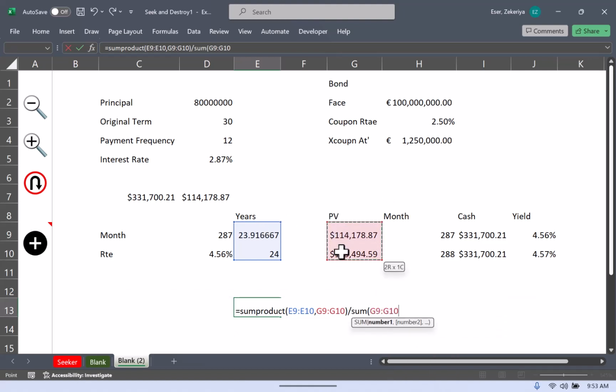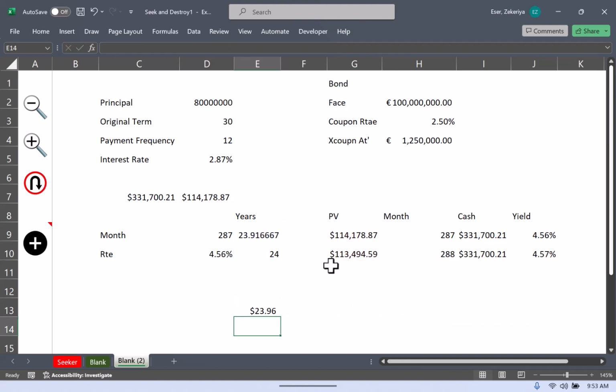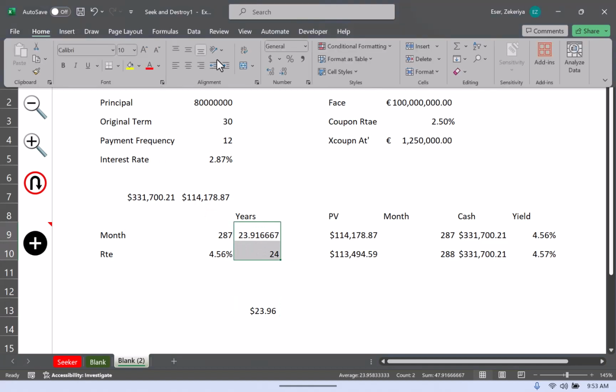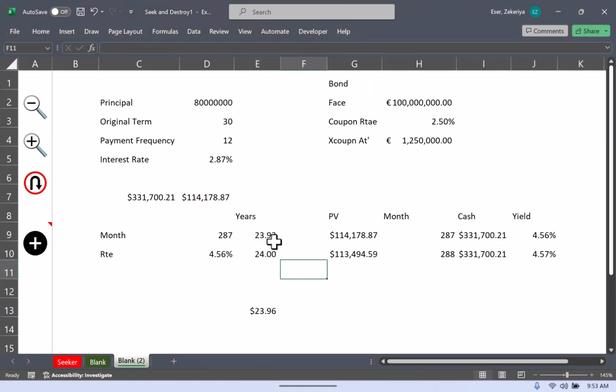So it is not terribly surprising. This has a Macaulay duration of 23.96. They're almost the same, so it's the average. But you're going to do this for 360 months. But doing it for 2 months versus doing it for 360 months is not any different. You just change the range of the formula.